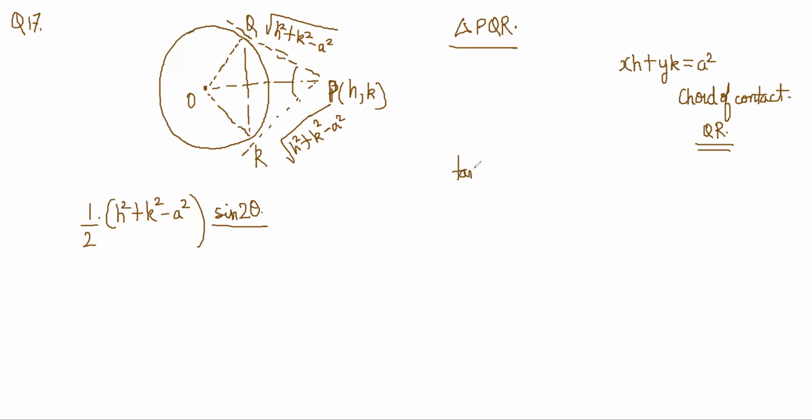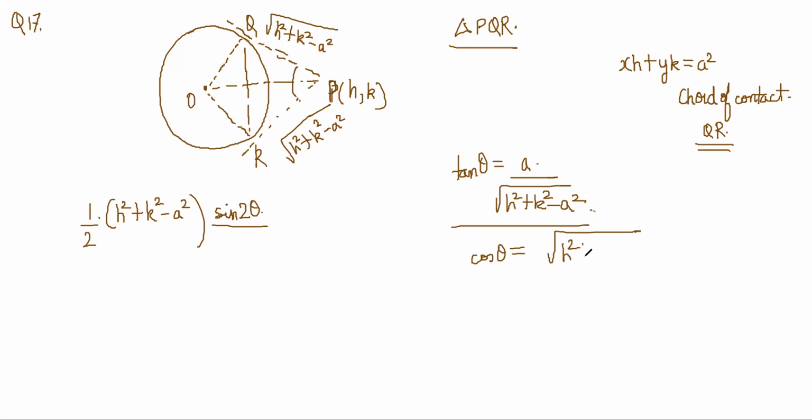Given tan theta is equal to a by this, you can find sine 2 theta. Tan theta is this, perpendicular is this, base is this. Cos theta is equal to base by hypotenuse.